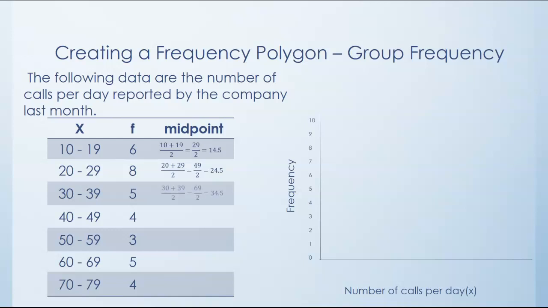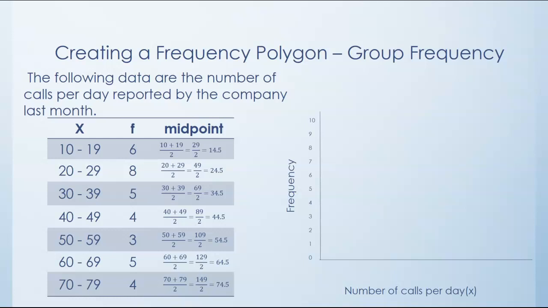I'm going to continue on. So for 30 to 39, we get 34.5. For 40 to 49, we get 44.5. For 50 to 59, we get 54.5. For 60 to 69, we get 64.5. And lastly, for 70 to 79, we get 74.5.